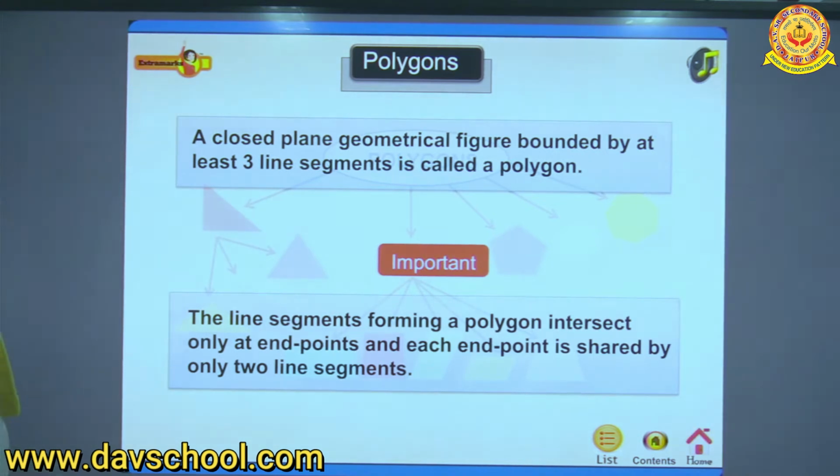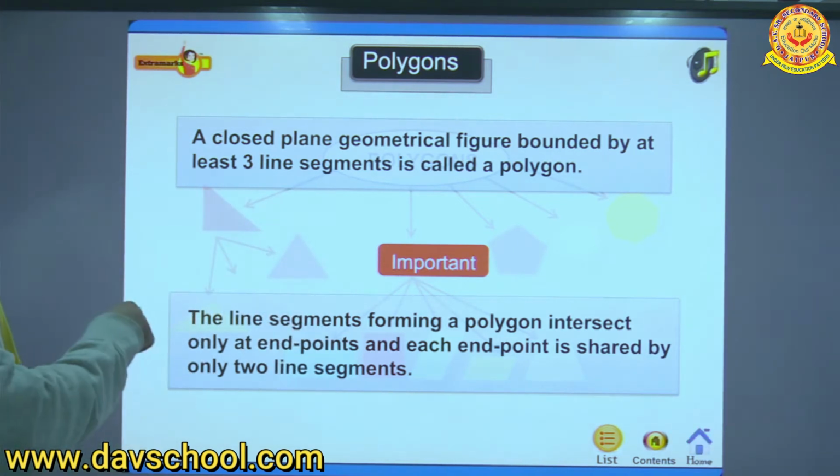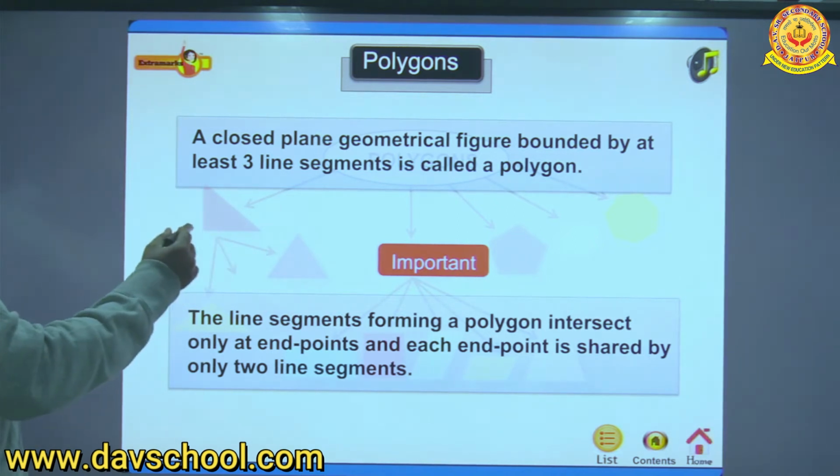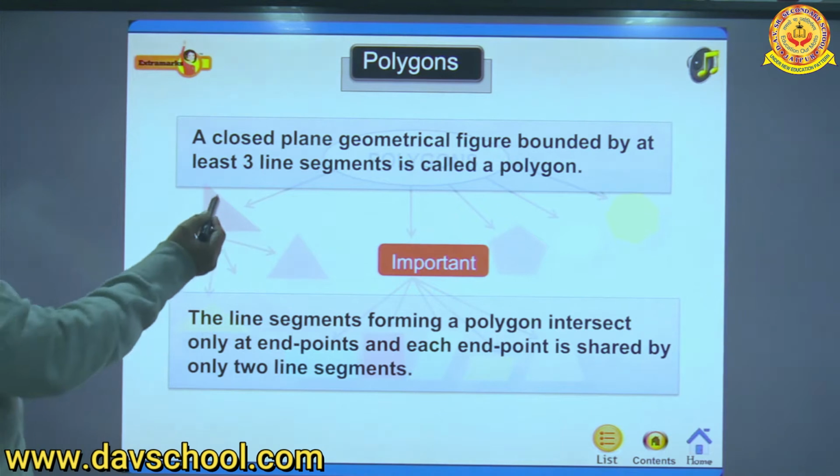So it starts from the number of sides being 3. The line segments forming a polygon intersect only at endpoints, and each endpoint is shared by only 2 line segments. Look at this. The simplest polygon is the triangle, because it has the least number of sides, which is 3.